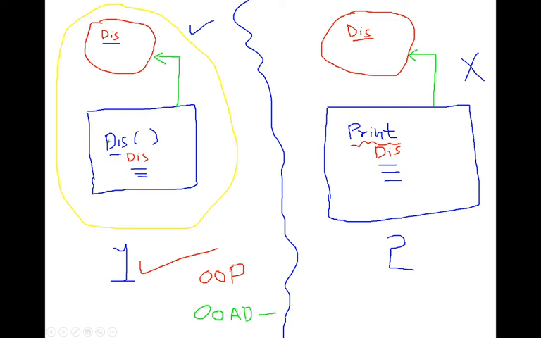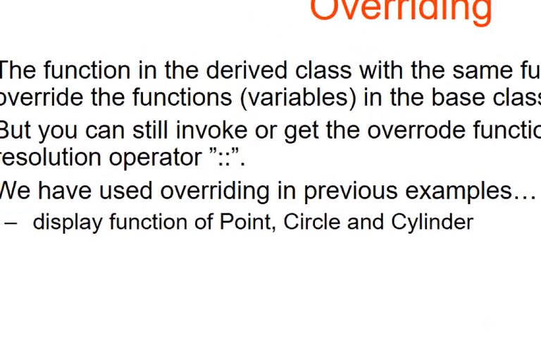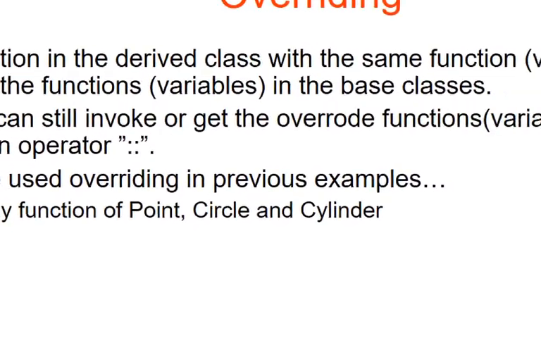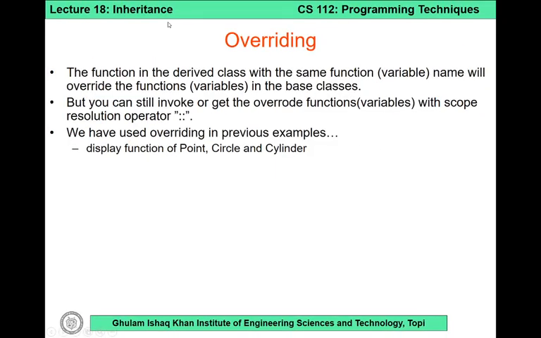Otherwise, if you write simple code and change the name, it won't affect any execution. It will work fine, but you cannot call that function overriding then. What is important is that the function in the derived class with the same name will override the function in the base class, right?